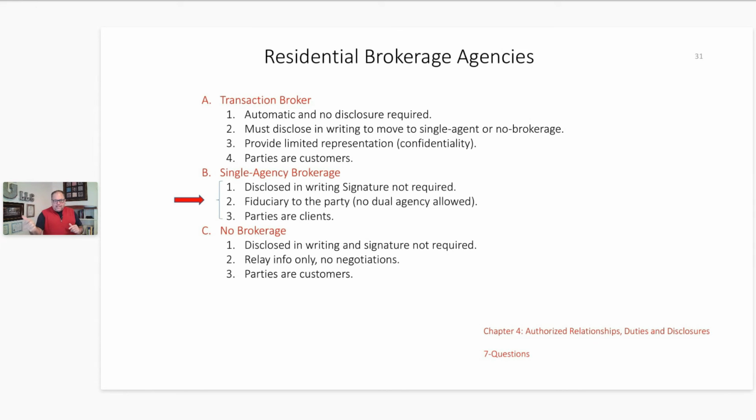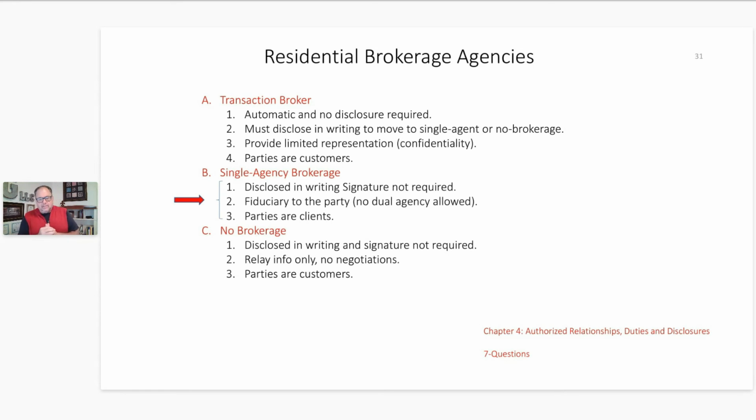So I'm going to go ahead and list my property with you. At that point, if you wanted to put a fiduciary responsibility onto me, you would disclose to me in writing, which is the form. I don't need to sign it, but you would disclose to me, and I would accept, yes, I want you to be my single agent, with single agent brokerage requirements, which means you cannot now be a dual agent with anyone in your firm or any other buyer that you may have.